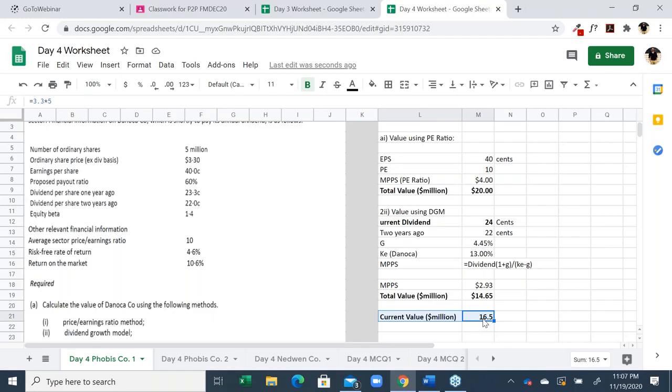Now, why has the dividend growth model predicted a lower value than the current value? Who's going to tell me? Why has the dividend growth model predicted a lower value than the current market value? What's wrong with the dividend growth model?